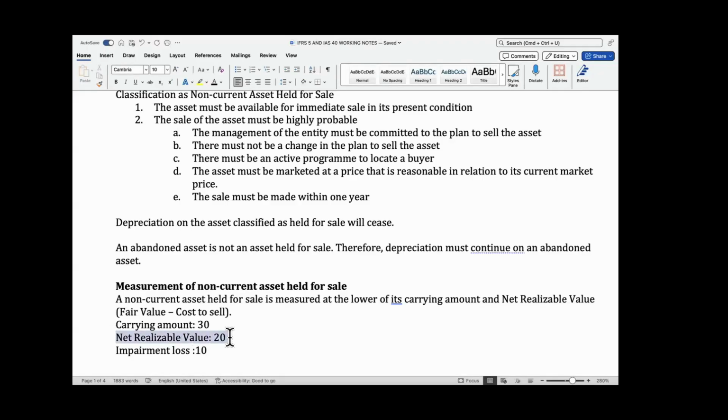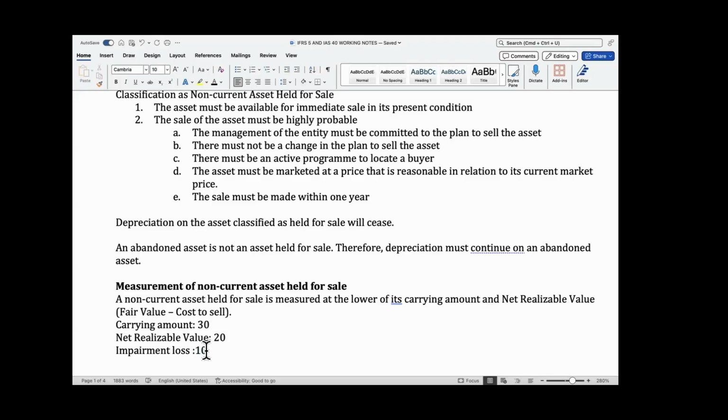This is not recoverable amount, this is just net realizable value. Why is the difference between just these two impairment loss? Yes, you have a very valid point. But IFRS 5 noted that and excused itself from that principle in IAS 36, saying that, please permit us to call it impairment loss for our case.